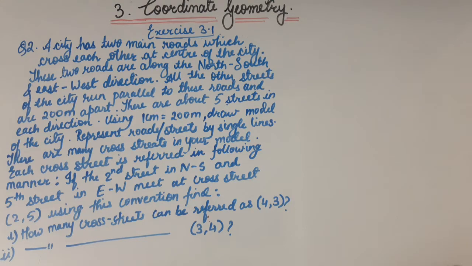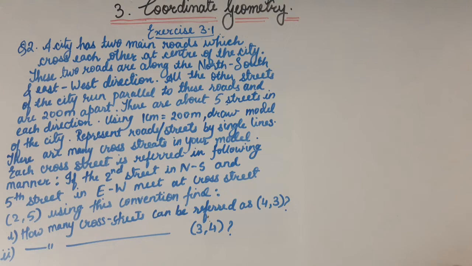Now using 1 centimeter as 200 meters, draw a model of the city and represent the roads and streets by single lines. So they have asked us to draw the model, representing the streets and roads by single lines.